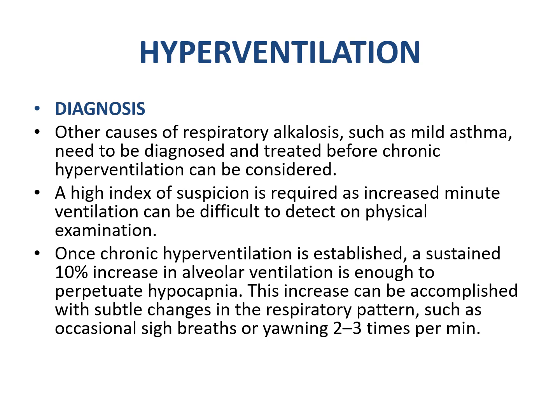Other causes of respiratory alkalosis, such as mild asthma, need to be diagnosed and treated before chronic hyperventilation can be considered. A high index of suspicion is required as increased minute ventilation can be difficult to detect on physical examination.